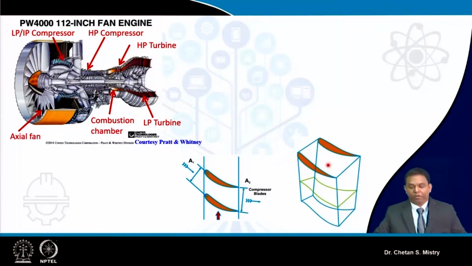If I put all the aerofoils together and look at what is happening within the passage, then we will realize it comprises a whole 3-dimensional geometry. That means my diffusing passage within the compressor is a 3-dimensional diffuser.